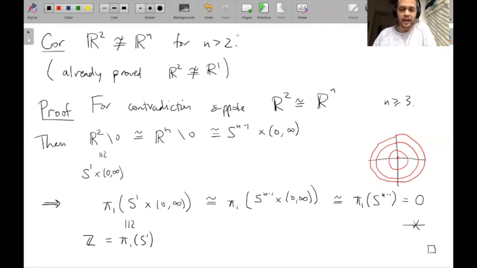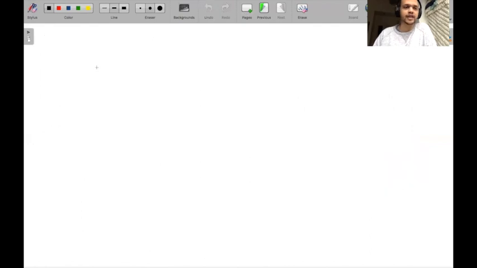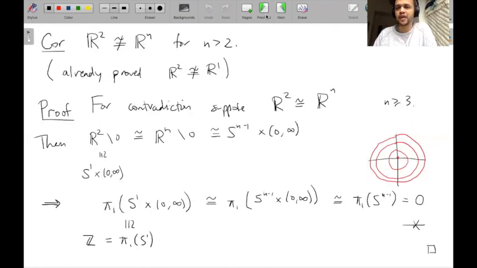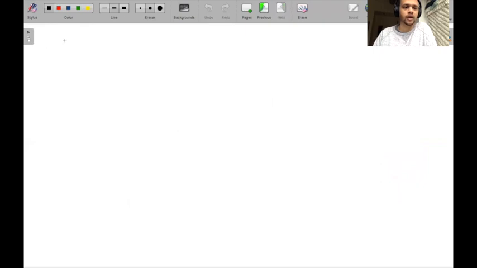And moreover, sadly, this doesn't even show a statement as general as you'd like. So remark, this argument can't show that R3 is not topologically equivalent to R4.